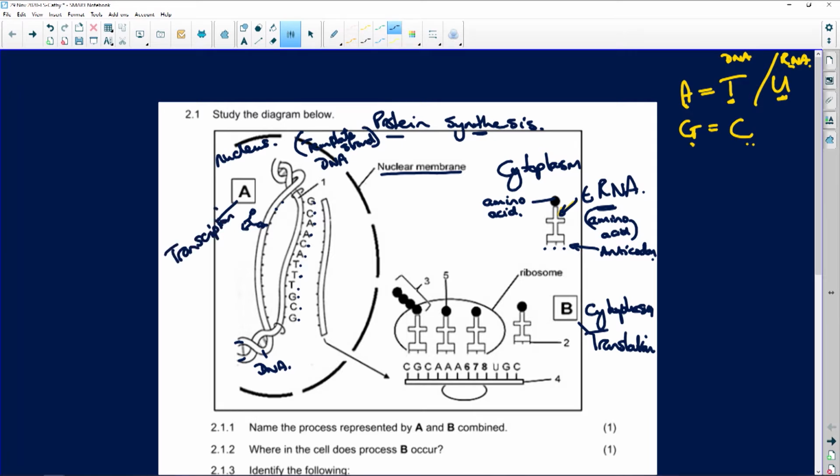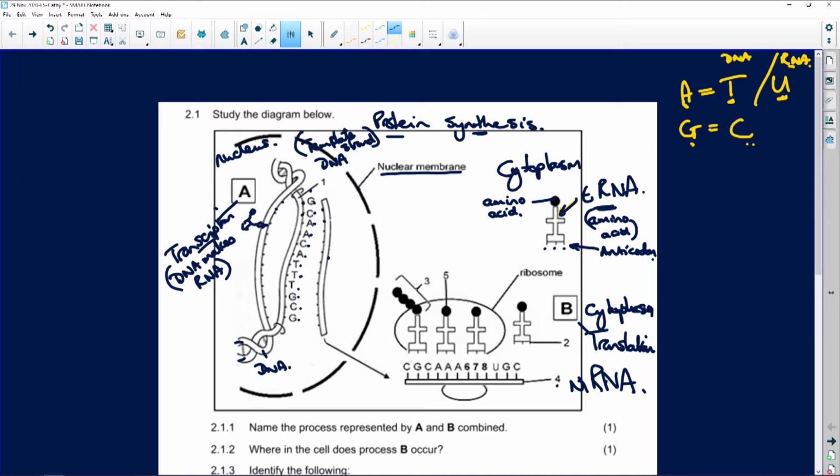So transcription is when DNA makes RNA. And that's exactly what the DNA does here. The DNA makes this one, which is your messenger RNA. Okay? So here's your messenger RNA.